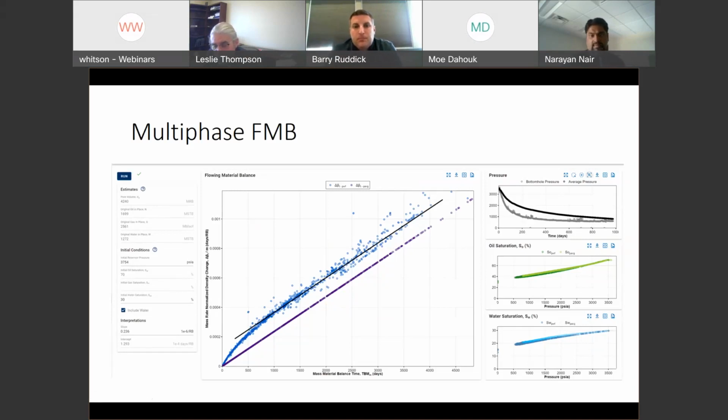You have some formations feeding water into your fractures that you're not accounting for in your initial water saturation. In that case, I strongly recommend that you just turn off the include water option and consider it just like a hydrocarbon reservoir. That will give you the minimum possible size of oil and gas in place. So the actual oil and gas in place is somewhere in between the two.